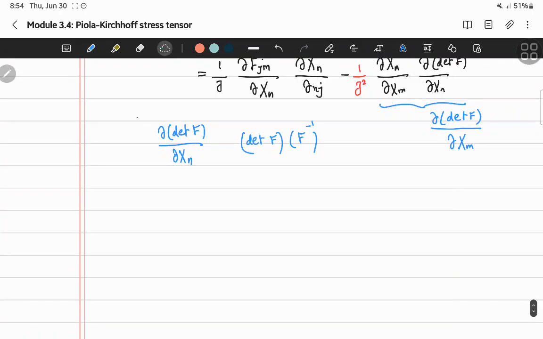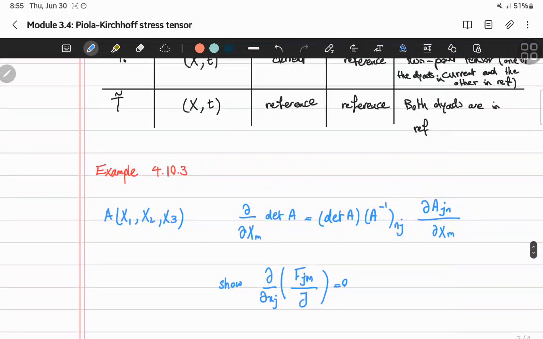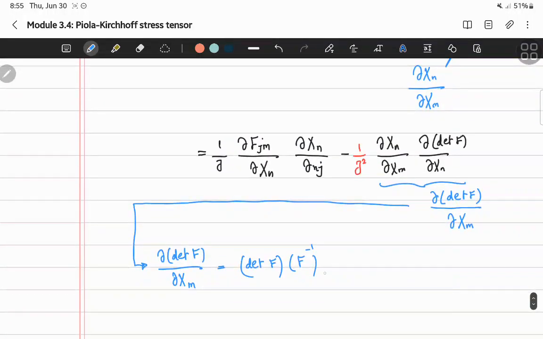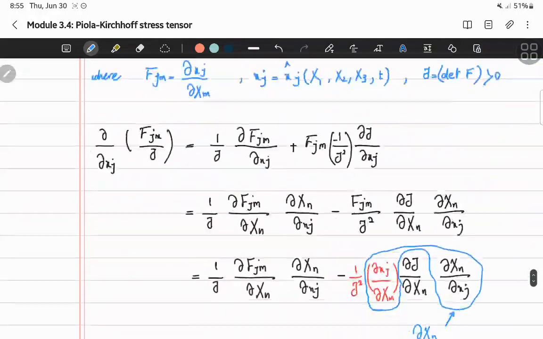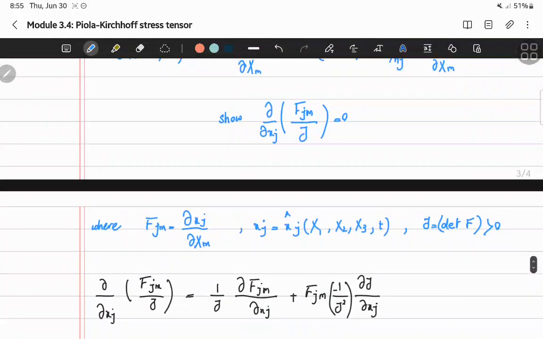So I move this down a bit and write this. This is, sorry, m, and this is f inverse nj times the partial derivative of jn with respect to xm.